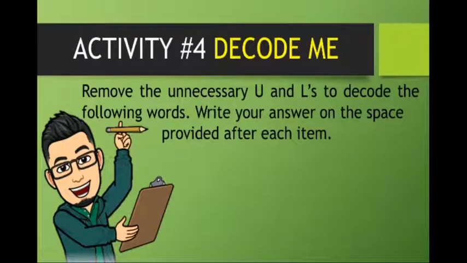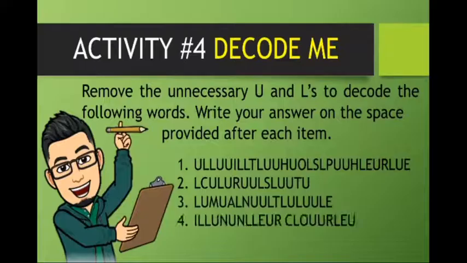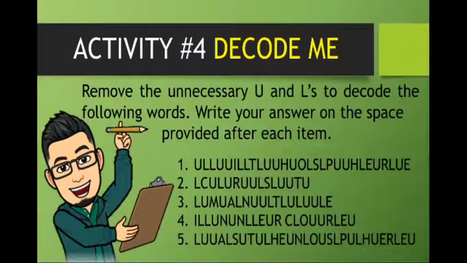And the last activity for the preliminary is Decode Me. This time you're going to remove the unnecessary "you" and "else" in order to decode the following words. You're also going to write your answer on the space provided after each item. We have actually 5 items, so I will give you a clue.